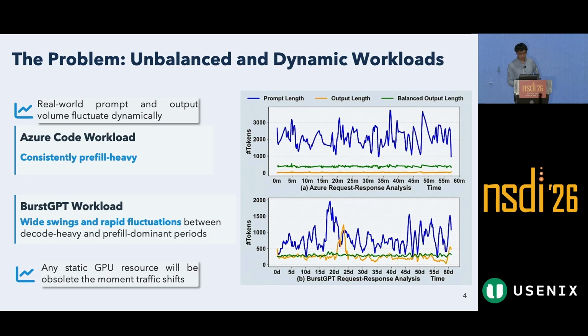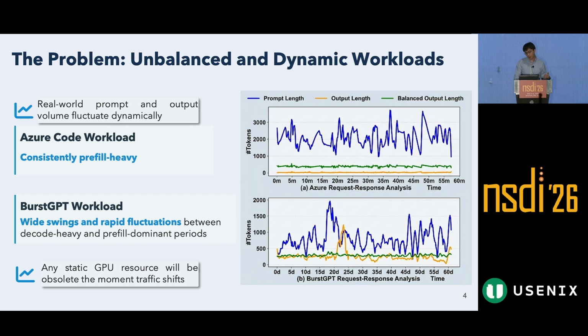Both architectures implicitly assume the workload is roughly stable. However, real production traces tell a different story. We showcase two representative workloads in real production. The top trace is Edge Code. Blue is prompt length, orange is output length. For this workload, prompts are very long and outputs are tiny, so it's considered a prefill-heavy workload.